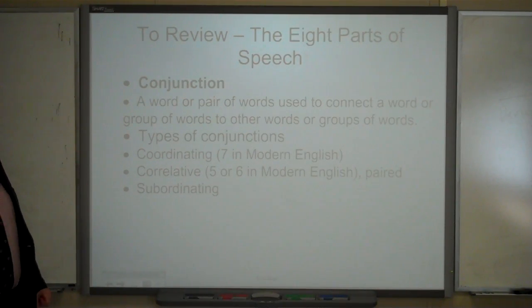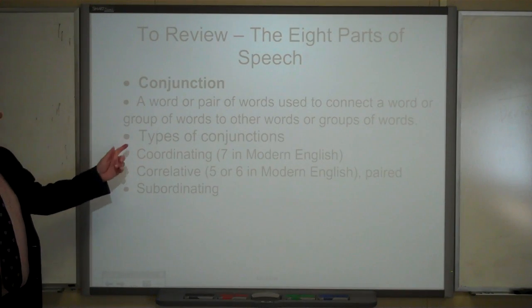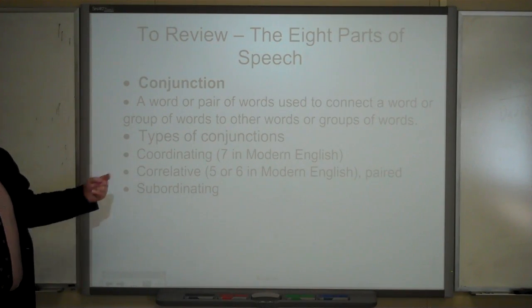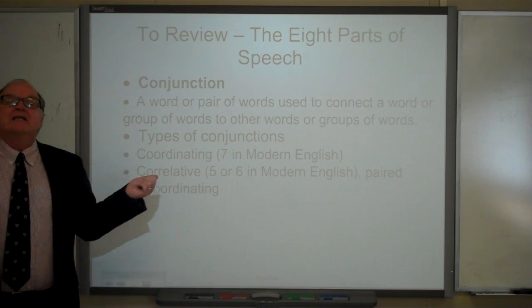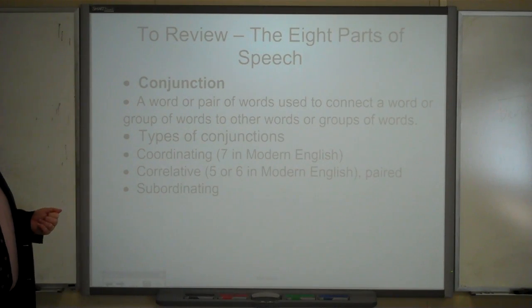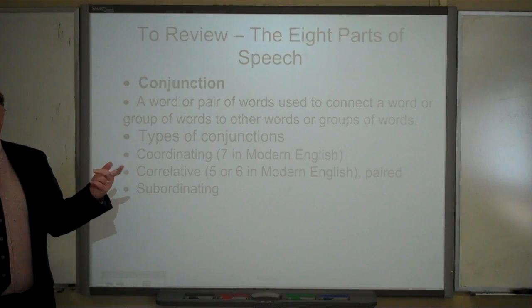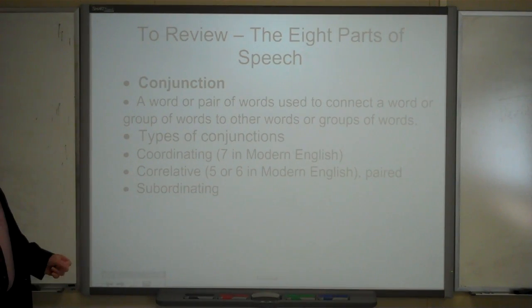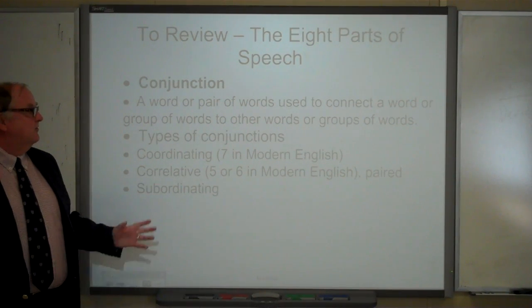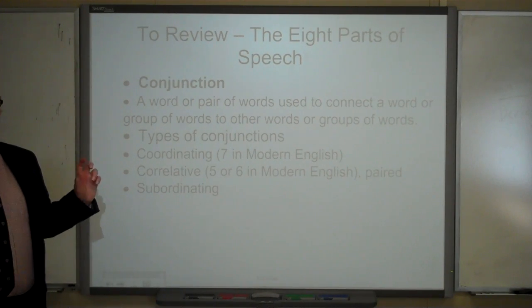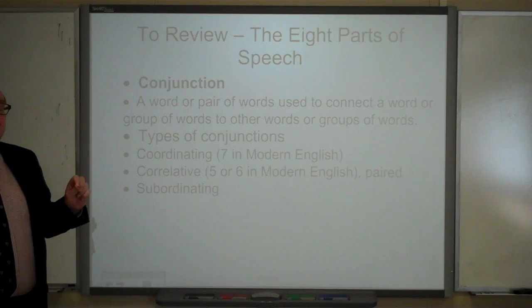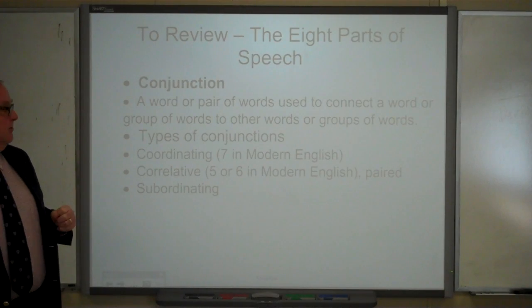Conjunctions are a word or pair of words used to connect a word or group of words to other words or groups of words. Types of conjunctions, the coordinating conjunctions, 7 single word conjunctions, and, or, but, for, and so on. Correlative conjunctions are paired conjunctions like both, and, either, or some people say either, or.